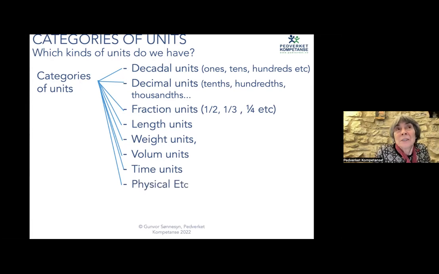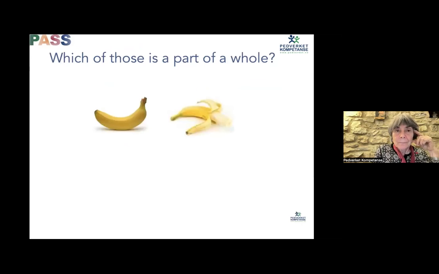And we have a lot of physical and chemical and so on, not systems of categories, actually, systems of units in different categories. And again, it's easy to speak about wholes and parts of wholes and relate it to real things.